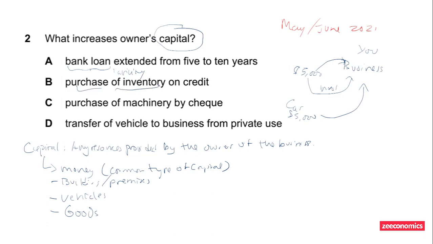B, purchase of inventory on credit. Purchase of inventory is not increasing the capital, but instead it's increasing assets. And since you bought it on credit, this will also increase your liability. Okay. C, purchase of machinery by check. The purchase of machinery also increases assets.